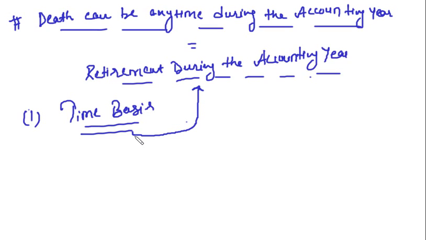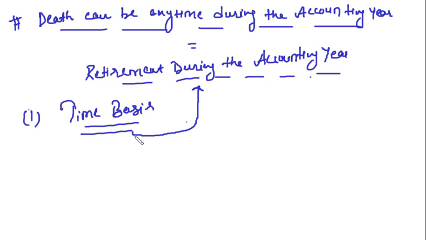And similarly, the two cases we discussed in the last lecture. Case 1, if the new profit sharing ratio of the continuing partners is same as the old profit sharing ratio, then the journal entry will be profit and loss suspense account debit to the deceased partner's capital account, right?